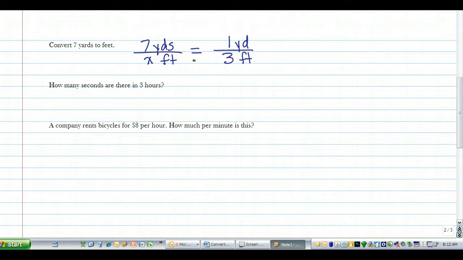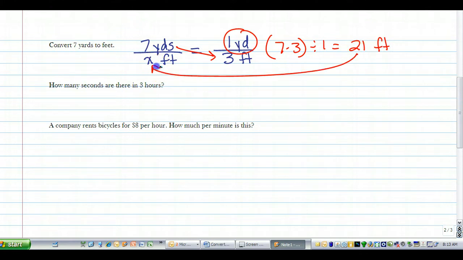And it looks like I can crisscross multiply, divide by the lonely guy already. Sounds cool. So I'm going to go 7 times 3, and I divide by 1. And that's going to give me 21. And the answer is feet. This will go right there. 7 yards is 21 feet.